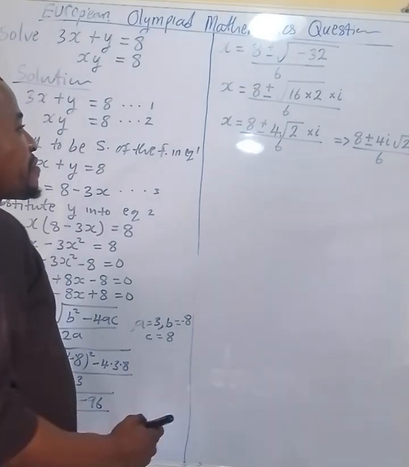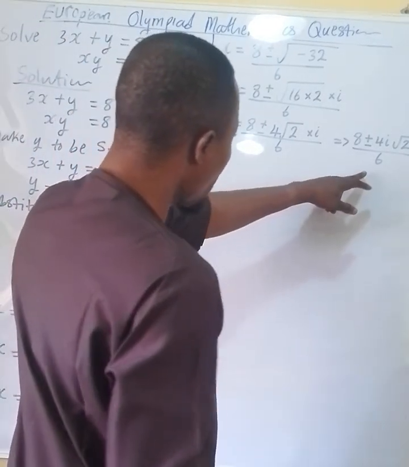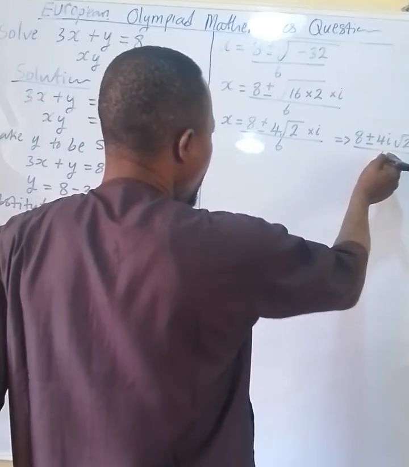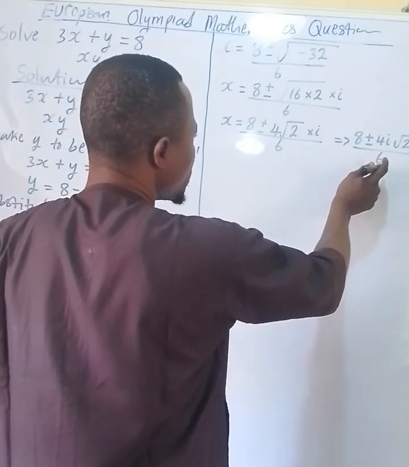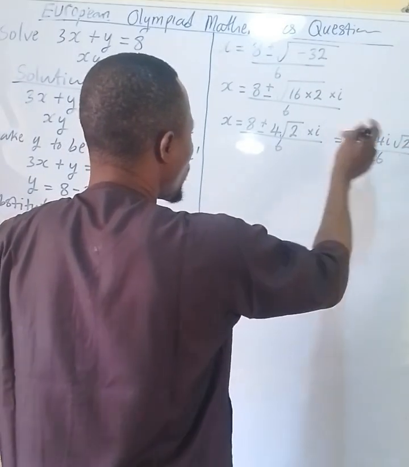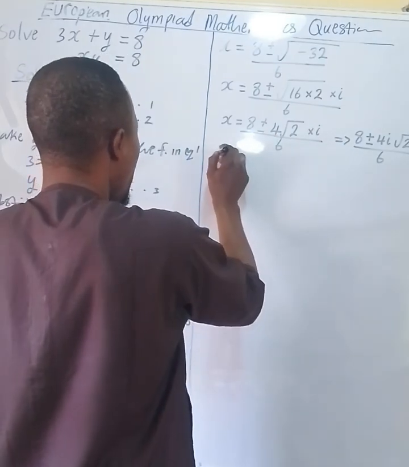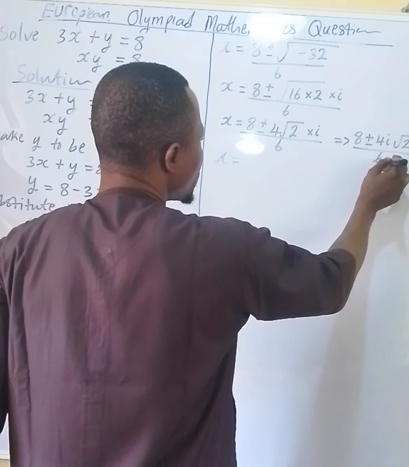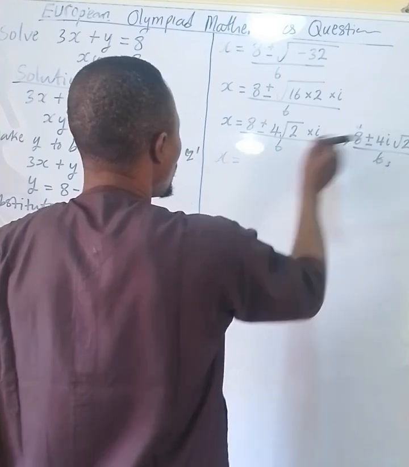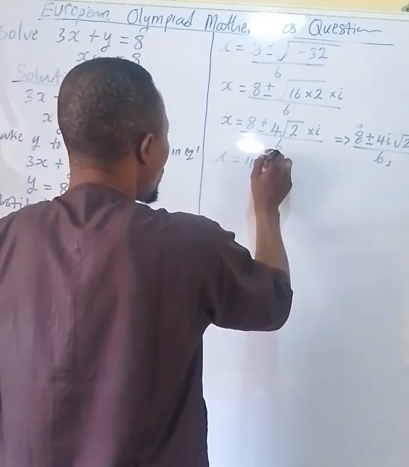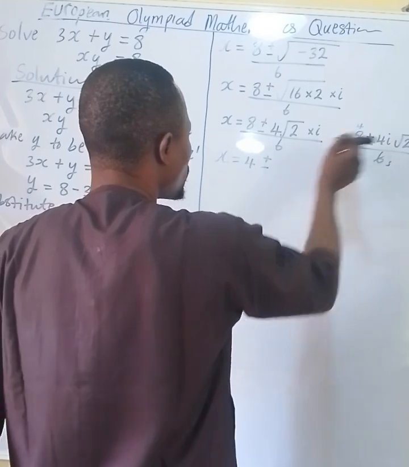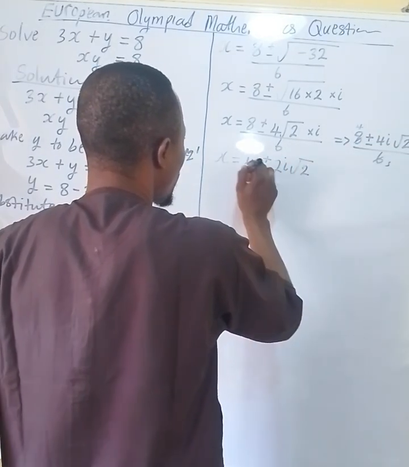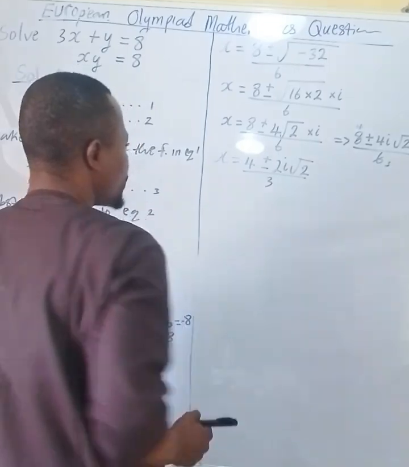With what we have now, we can equally reduce it. How are we going to reduce it? Here we have 6, we have 8, we have 4, so we can reduce by 2. 2 into 6 is 3, 2 into 8 is 4, 2 into 4 is 2. So we have 4 plus or minus 2i root 2, everything over 3.